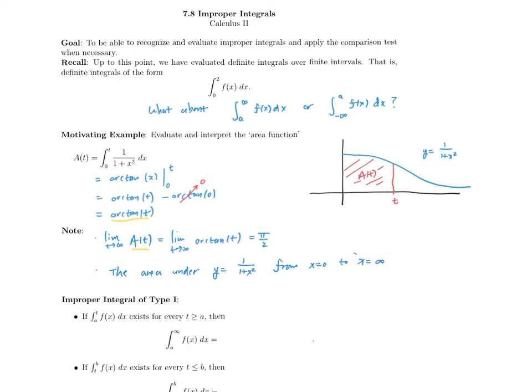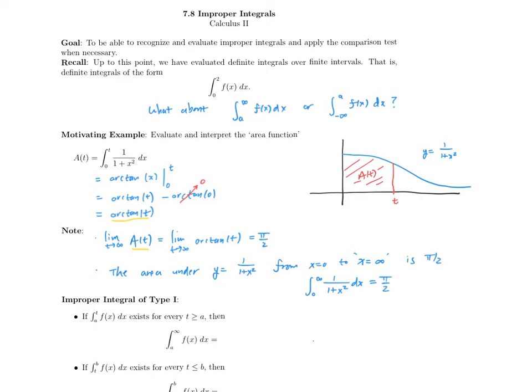And just note when we say x equals infinity, we're talking about a limiting sense because infinity is not a number. So this area is pi over 2. Notationally, we might represent this as saying the integral from 0 to infinity of 1 over 1 plus x squared has the value pi over 2.